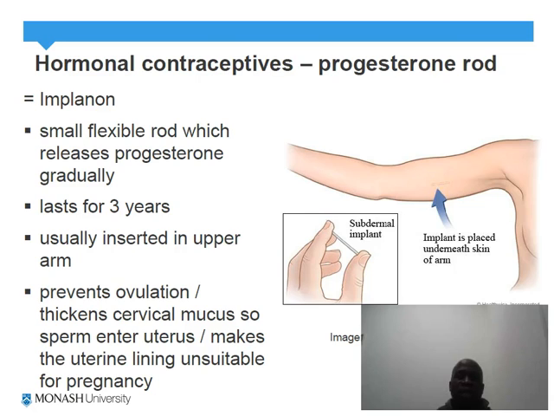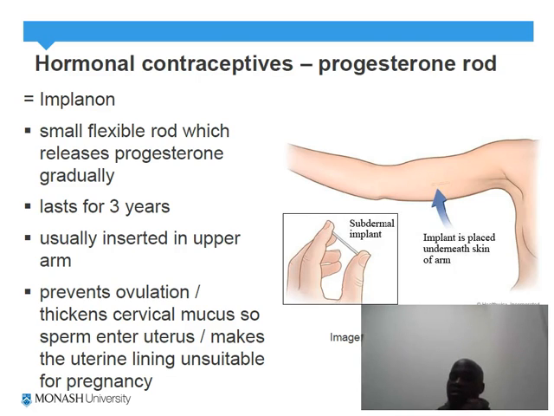For example, it can last for 3 years, which means you don't need to take a pill in those 3 years. Okay, it's usually inserted under the arm, and it prevents ovulation. It thickens the cervical mucus so sperm cannot enter the uterus, and also makes the uterine lining unsuitable for pregnancy.